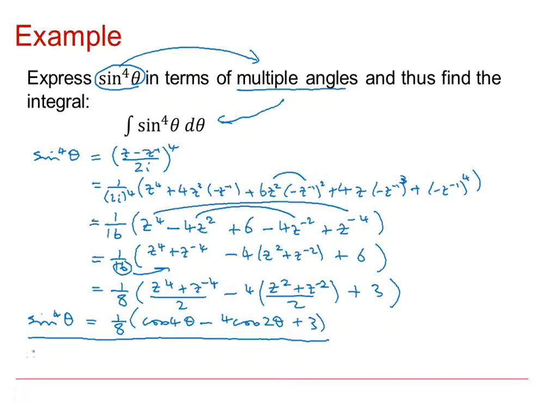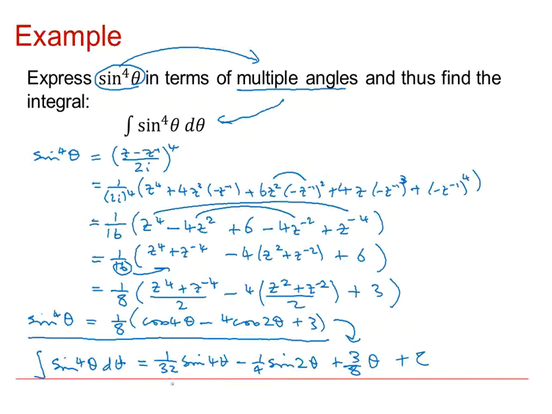Now if we look at the integral that we've been asked to do, instead of integrating sine theta to the power 4, we just need to integrate this expression to get 1 over 32 sine 4 theta minus a quarter sine 2 theta plus 3/8 of theta plus a constant of integration.